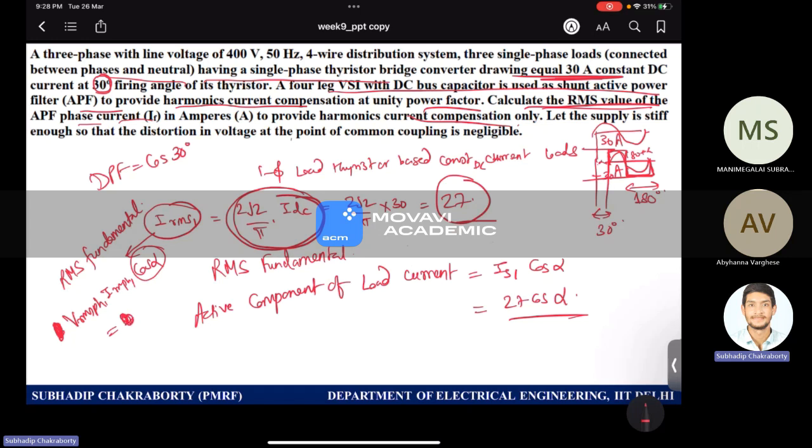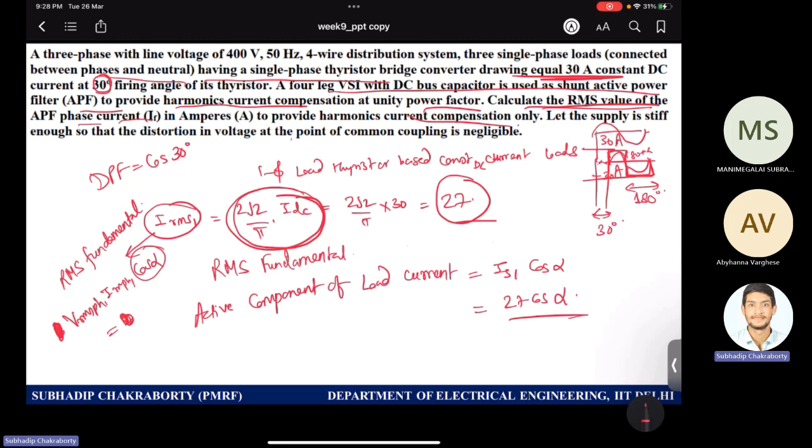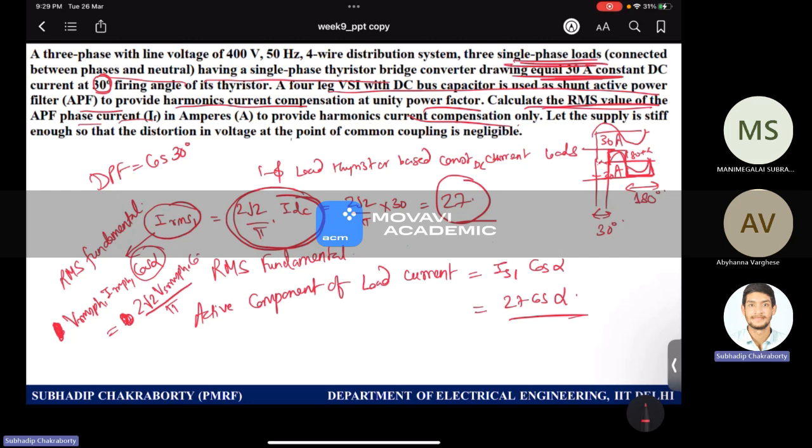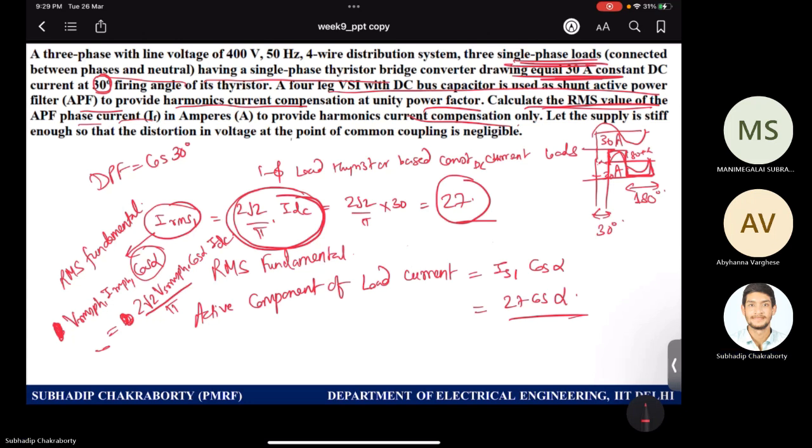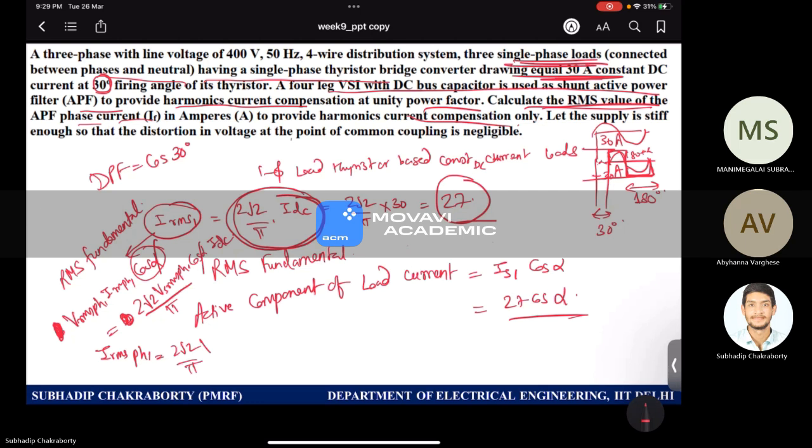For your three phase, because they are all single phase loads, the output voltage is 2 Vm by pi, that is 2 root 2 into Vs RMS phase 1 by pi cos alpha into your IDC. So I RMS phase 1 equals 2 root 2 by pi, whatever we were doing, into VRMS gone, so IDC.